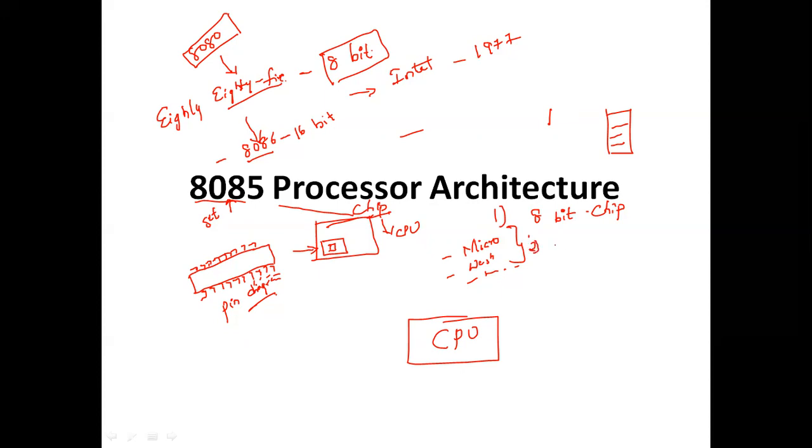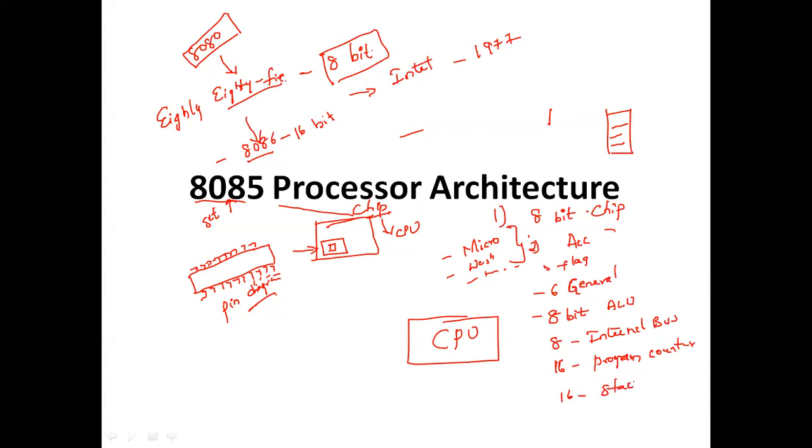Here we have an accumulator, a flag register, 6 general purpose registers, an 8-bit arithmetic and logical unit, an 8-bit internal bus, an 8-bit accumulator, a 16-bit program counter and a 16-bit stack pointer.